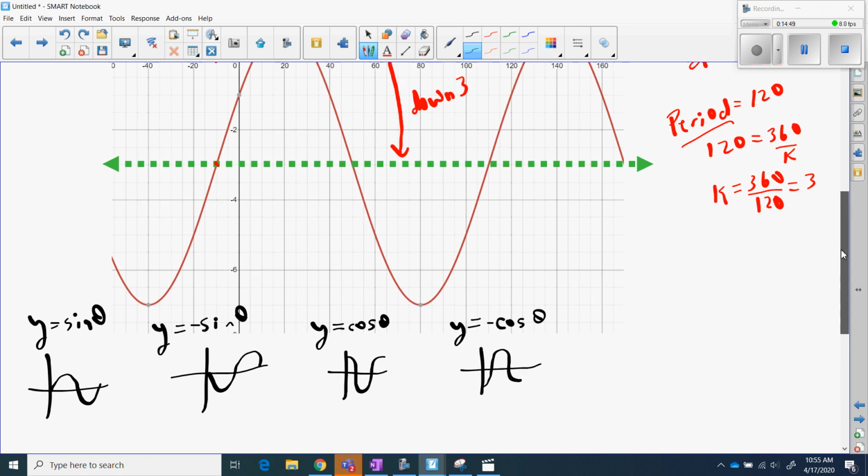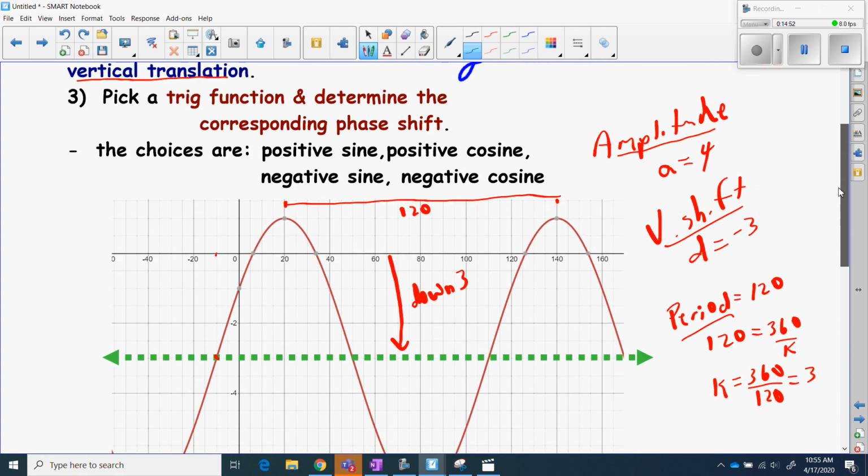So there are multiple answers that could be correct. However, everybody has to have the same amplitude, the same vertical shift, the same K value. The horizontal phase shift, everybody, in theory, could have a different answer. Now, it doesn't mean anything's wrong, but there's a whole bunch of different correct answers.